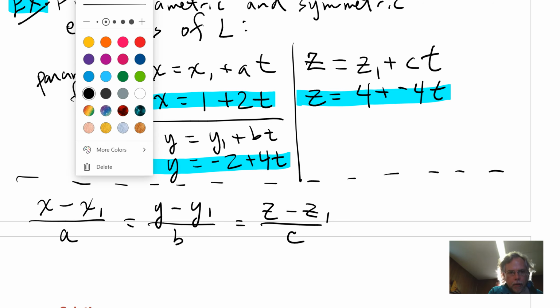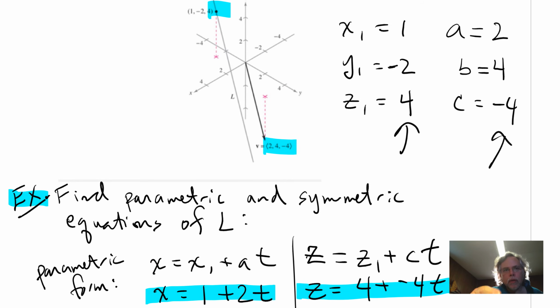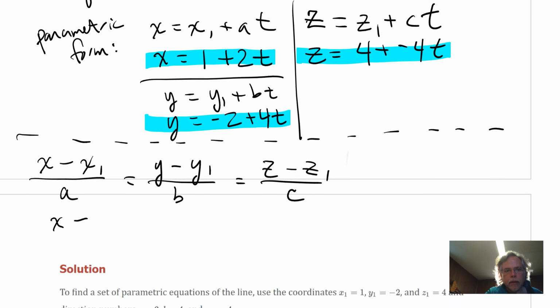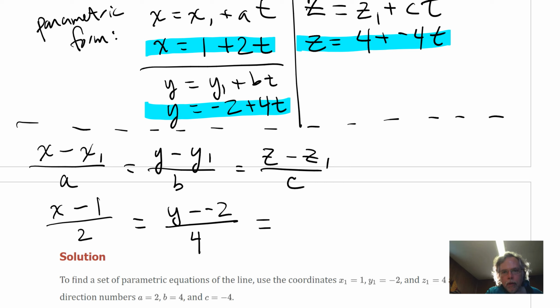So you're really good to go here. So we have x minus 1 over 2 equals y minus -2 over 4 equals z minus 4 over -4.